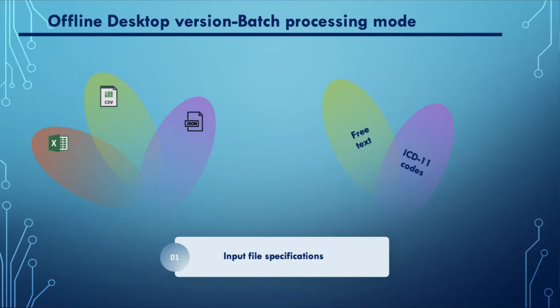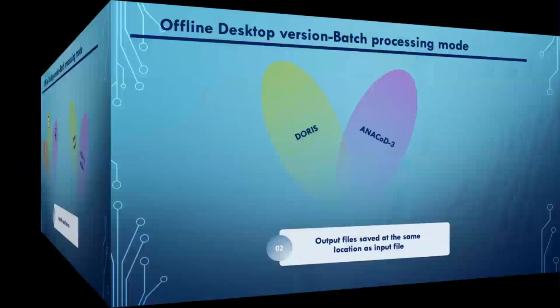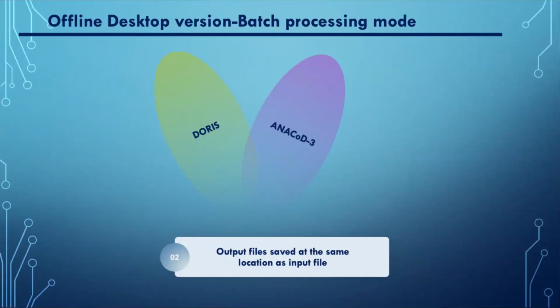The ICD-11 coded data sets are just filled into the columns in the input files, which can be Excel based, CSV based, or JSON based. Then you run it, and you get the output file in the same place where you had your input file. But there are two different output files, and this was requested by the member states or the countries that we have used DORIS with.